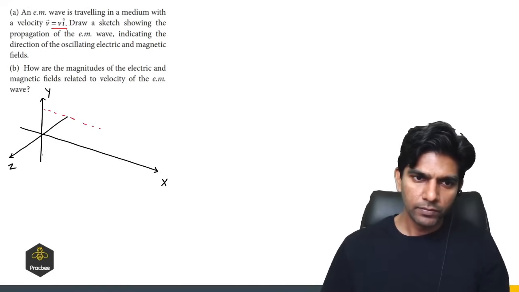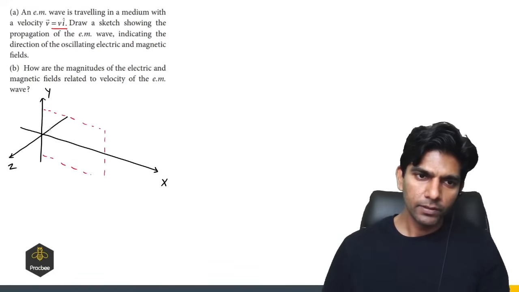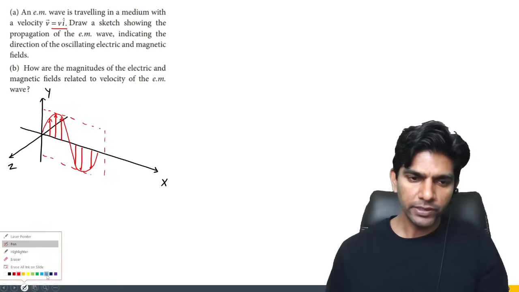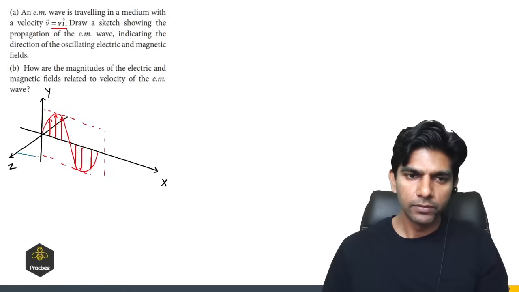So in the x-y plane we can show the oscillating electric field, like this. So this is the oscillating electric field. And in the x-z plane we have the oscillating magnetic field.